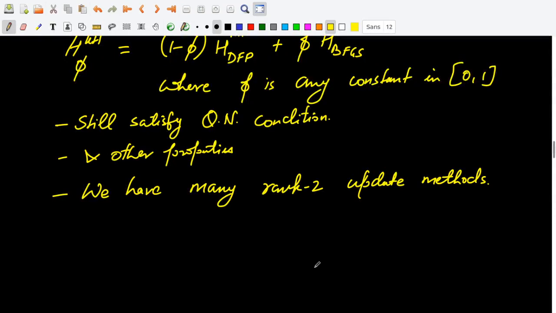It turns out that all these methods are actually very similar to each other. So we will not go into a lot of theorems regarding this Broyden family. Instead, we will just write some of the main results and discuss the intuition behind them. The main result about the Broyden family is theorem 3.4.3 in Fletcher's book.